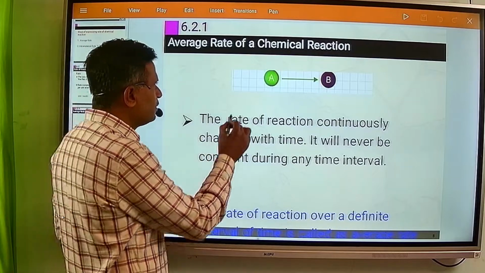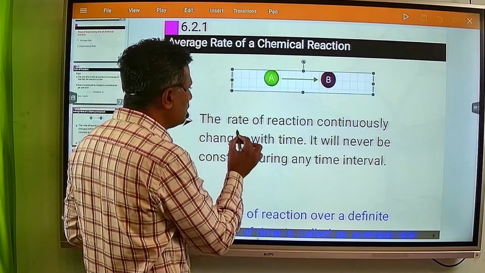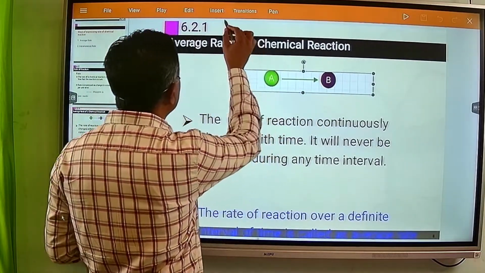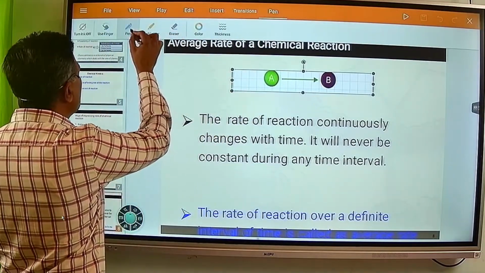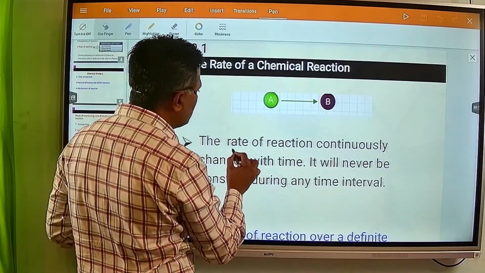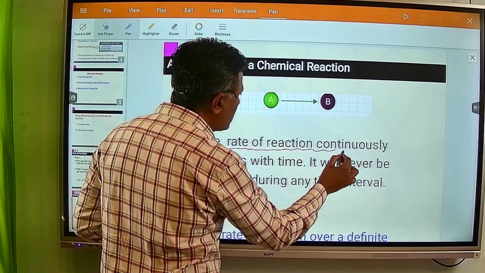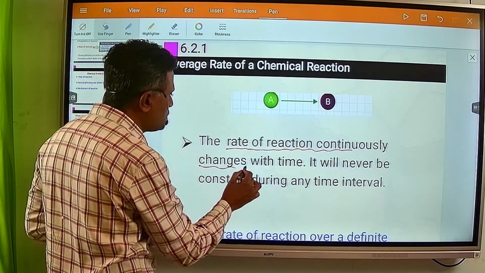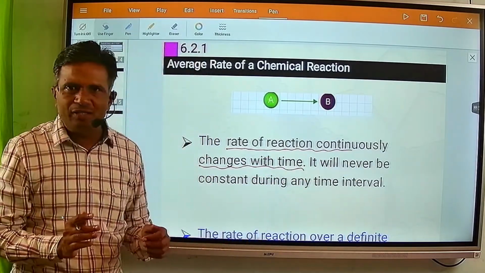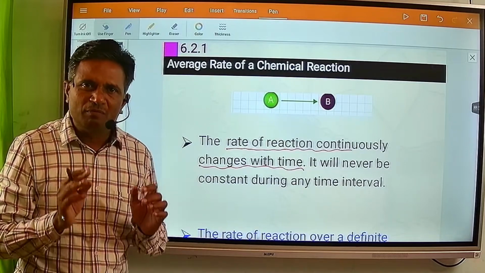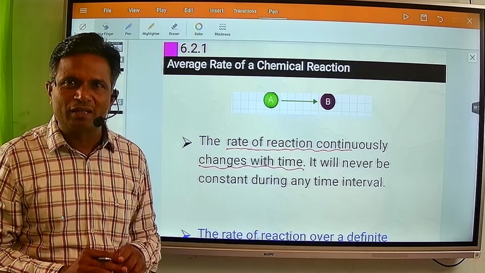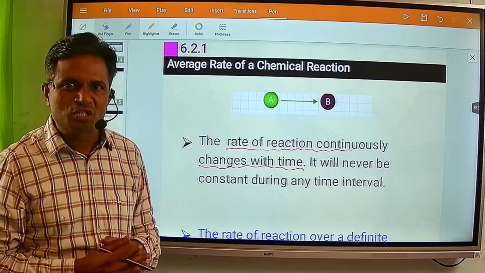See here, for this particular chemical reaction, the rate of reaction continuously changes with the time. Why does it continuously change with the time? Because the concentration of reactant or product continuously changes with the time.